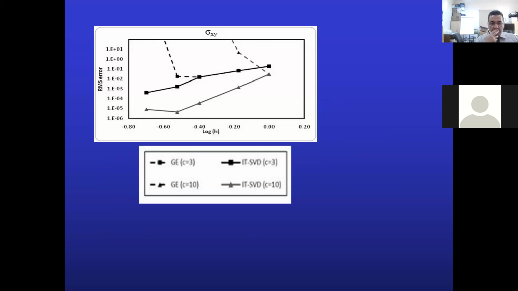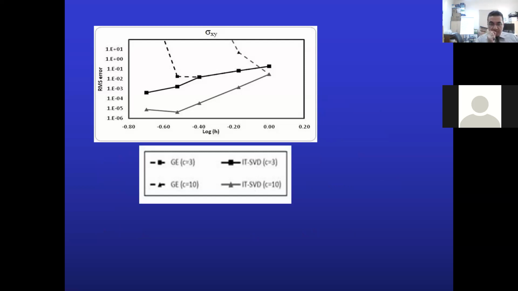So anyway, we're looking at the shear stresses. Here we use the shape parameters of 3 and 10.